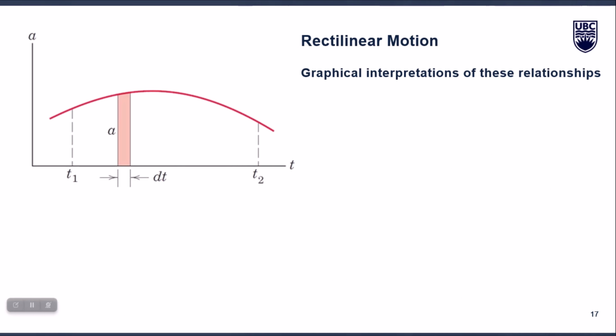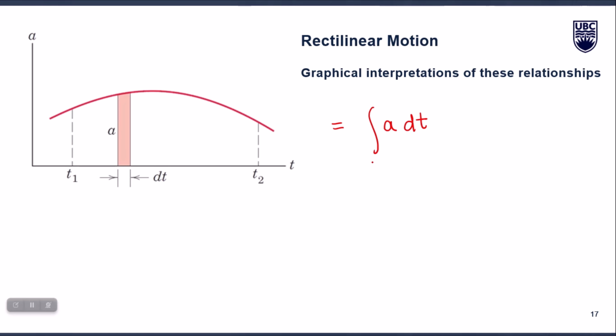Similarly, for the last graph, which is acceleration versus time, let's apply the same principle, that if we take the integration of the function which is on the y-axis with respect to the function on the x-axis, right, that should be equal to the area enclosed by that function between those two time instants.